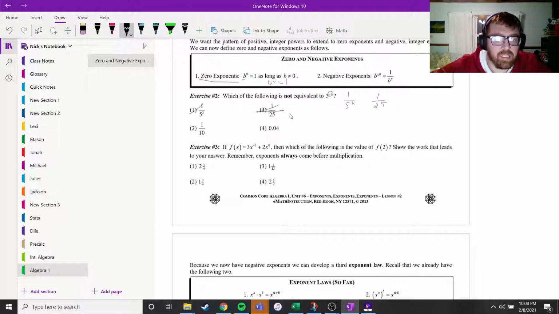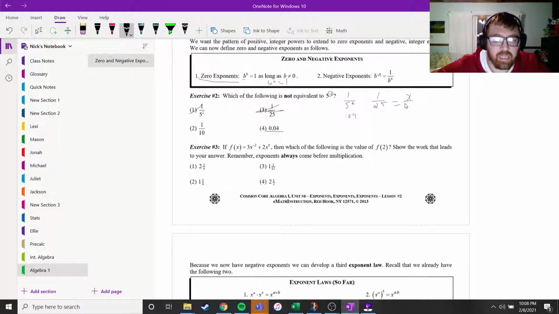Well, that's the same, so let's cross that one out. Now, 1 over 25 is definitely not 1 over 10. And just to verify, if we were to change this into a decimal, it would be 0.04. Think about it. 1 over 25, you could multiply this by 4 to get to 100.